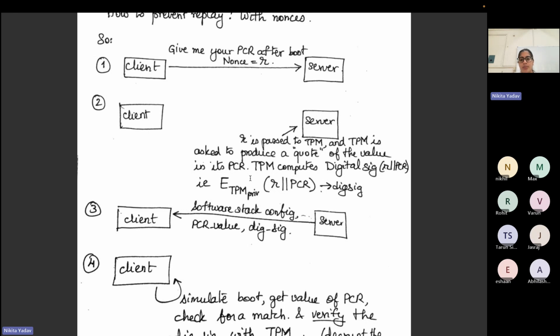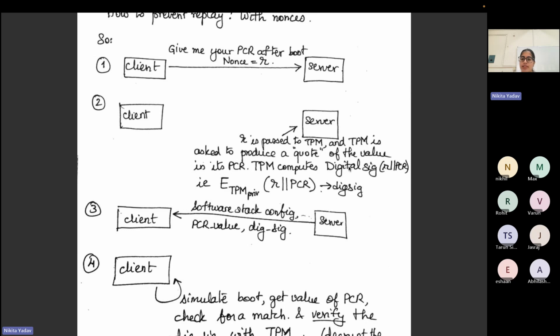In public key cryptography, a digital signature can be computed by encrypting the value with the private key. Here E means encryption, TPM, then priv means with the private key of the TPM.